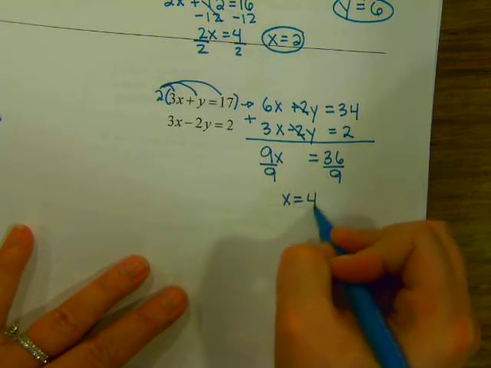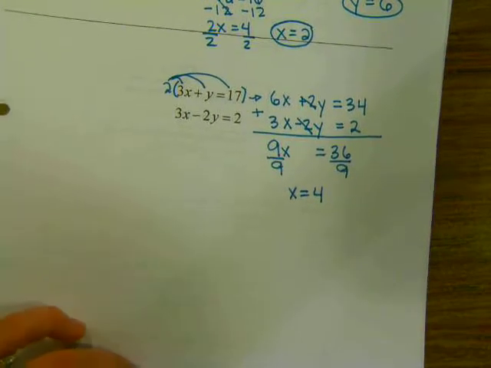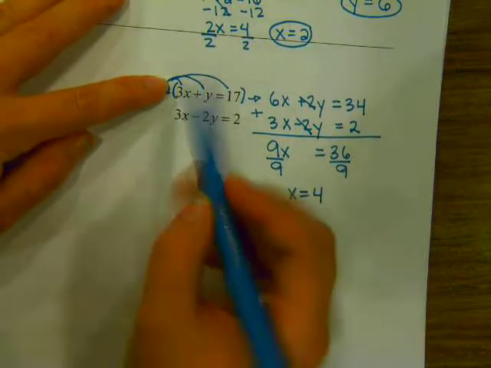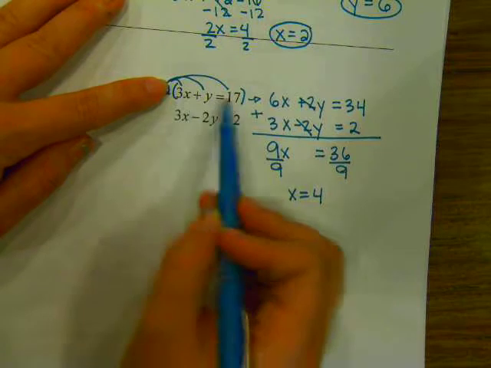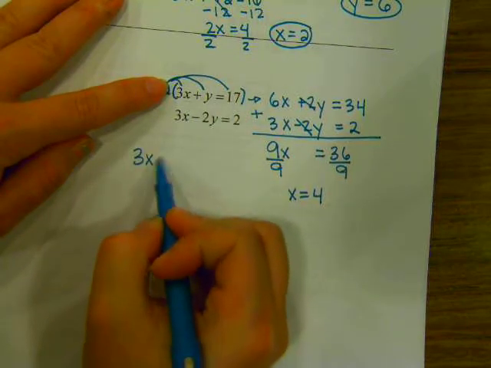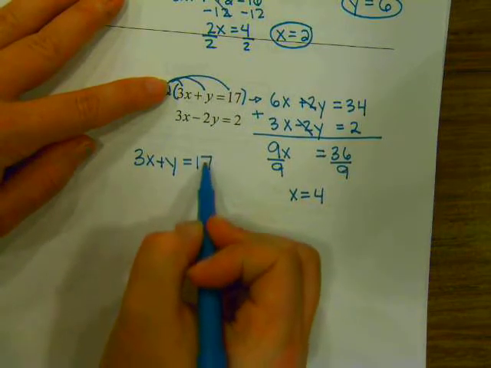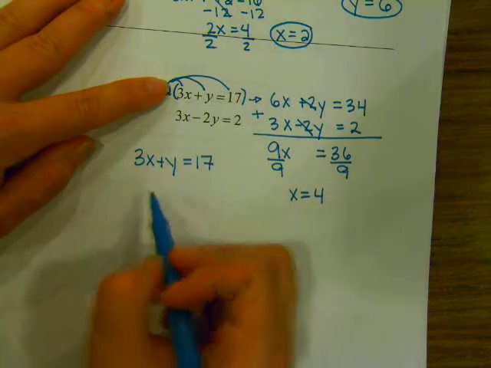So x equals 4. And then from there, again, guys, you could go back to the original type problem and choose to plug it into here or plug it into here. So I'm going to pick the top one, and so I'm just going to rewrite it right here. And let me substitute 4 in for x.